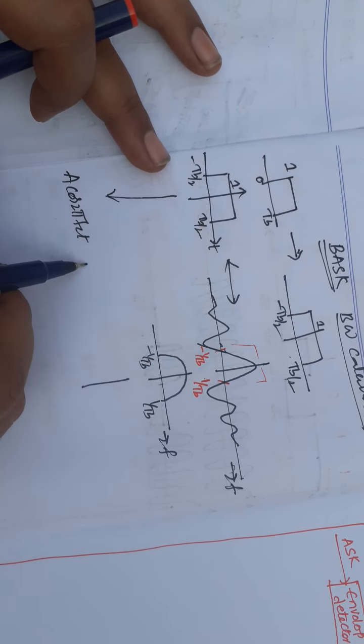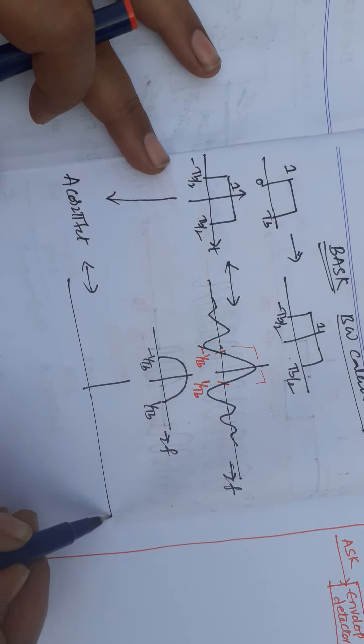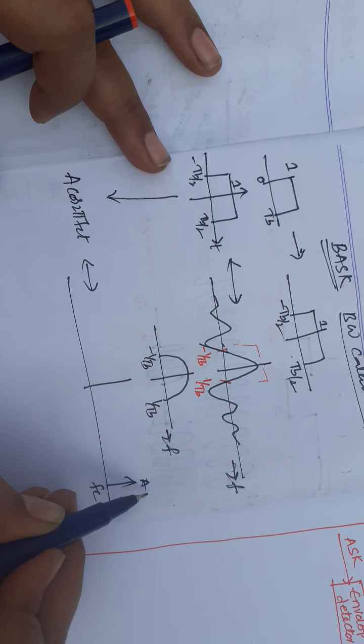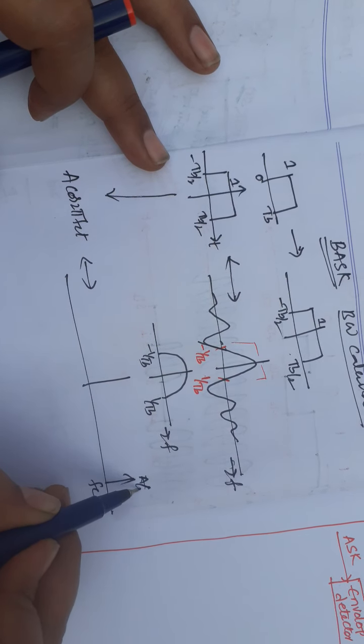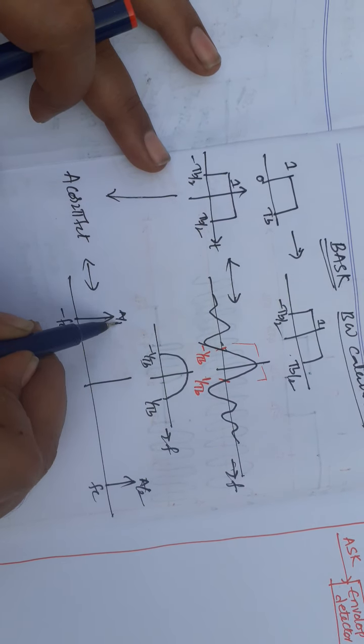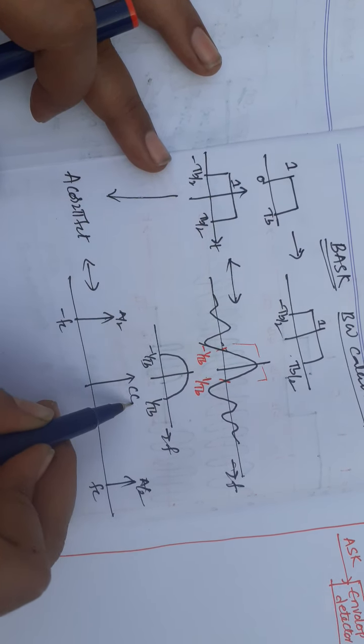Fourier transform of the carrier signal, we know that one will be at fc, its amplitude is A by 2, another one will be at minus fc, its amplitude is A by 2. This is C of f.